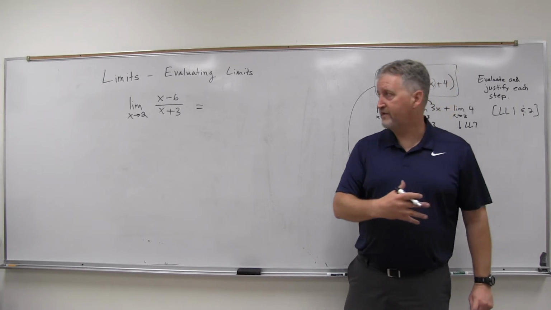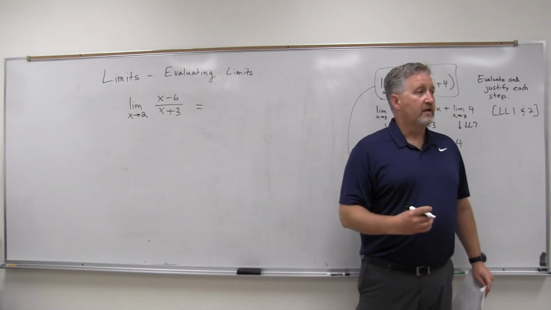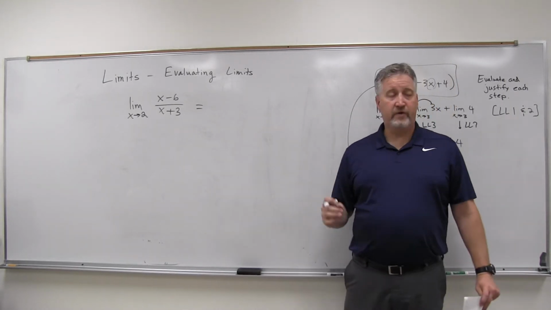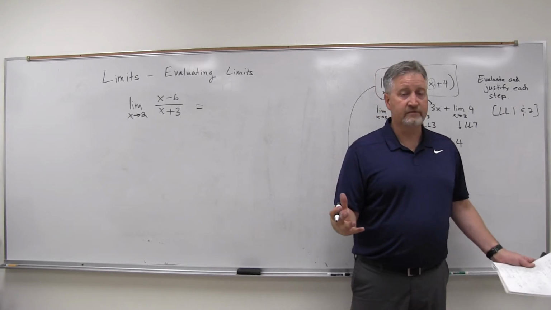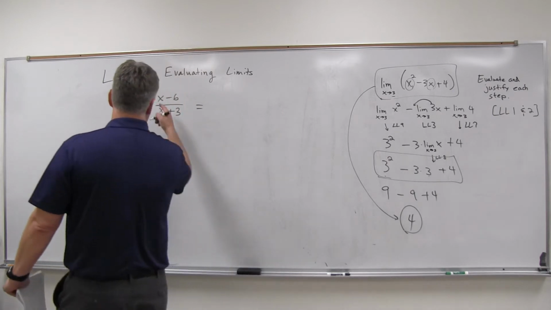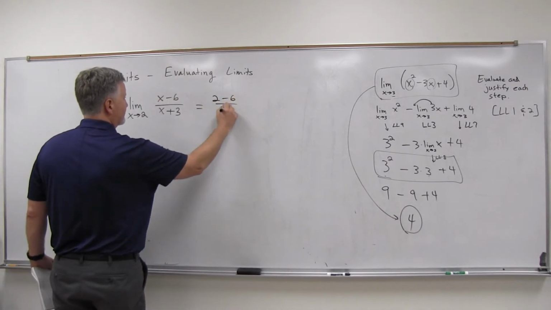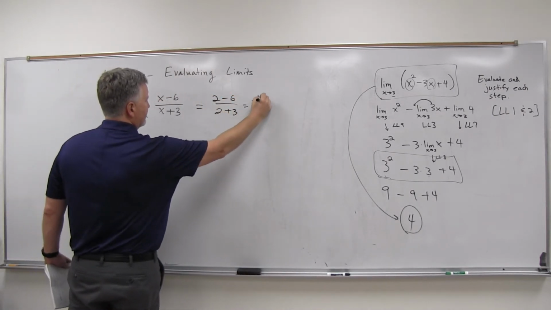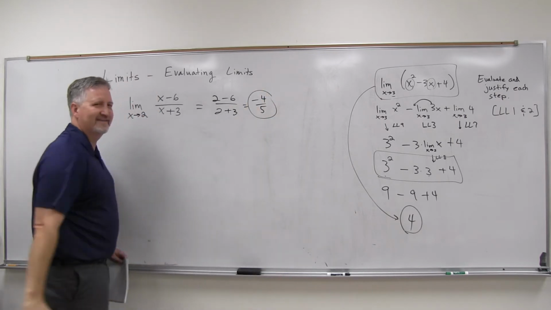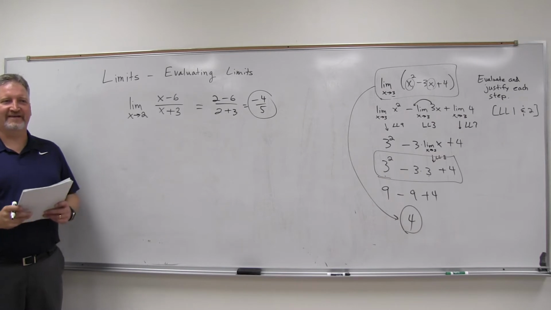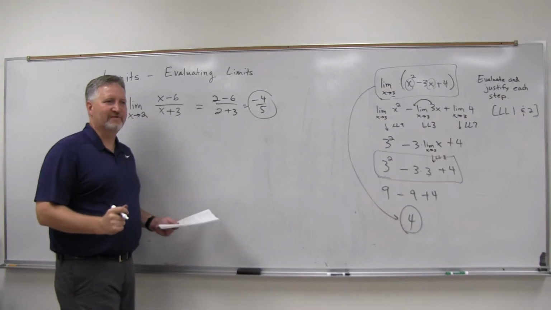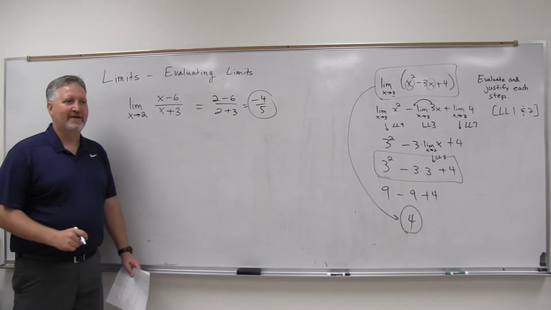That's what the limit laws tell me to do. If I can substitute the x value 2 in and evaluate that limit, that's the way I'm going to evaluate that limit. So this limit's going to be 2 minus 6 over 2 plus 3. It's negative 4 over 5. It's going to be that easy.